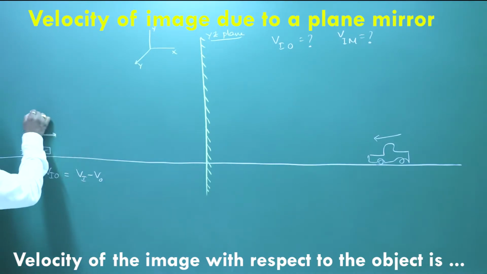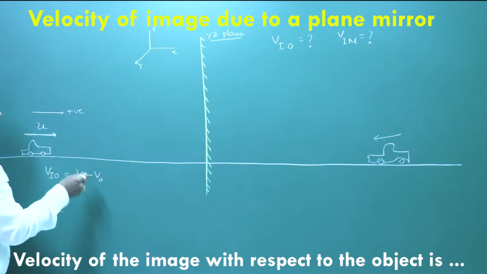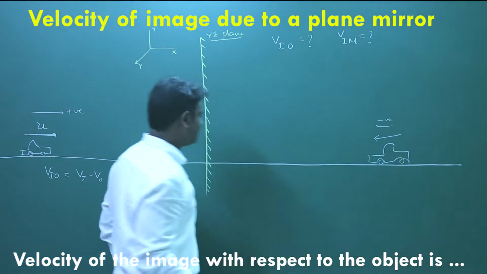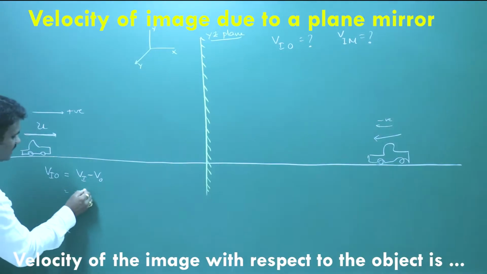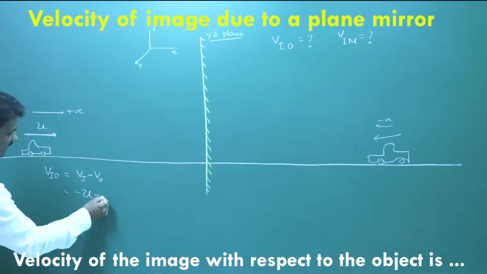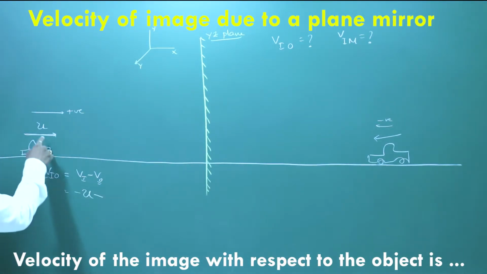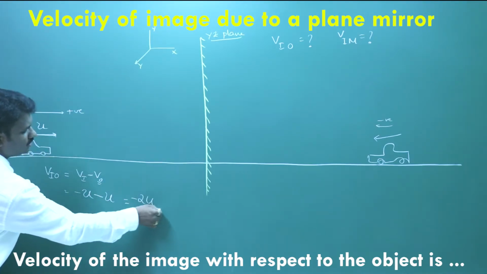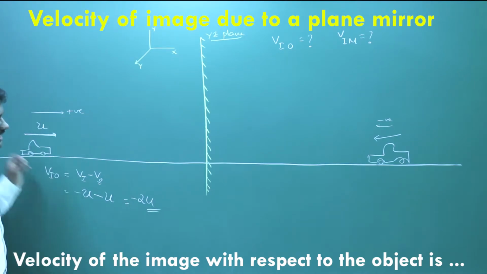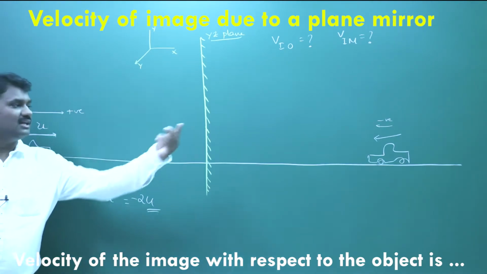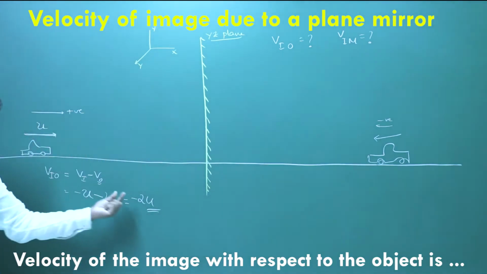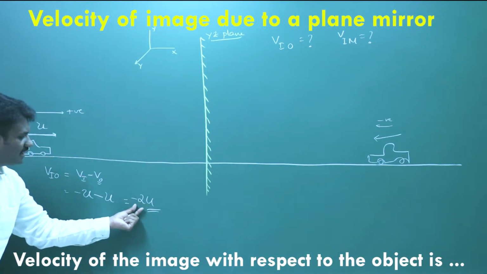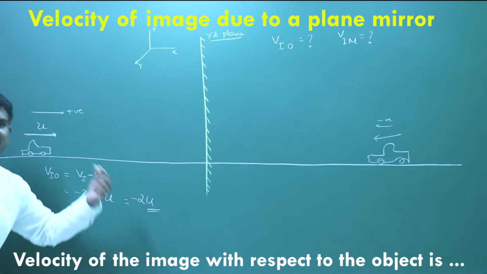See, the object is moving towards the positive x-axis, the image is moving towards the negative x-axis, that's why it is minus u minus the velocity of the observer or object, which is u, which is equal to minus 2u. This minus indicates that the image is moving towards the observer in the negative direction with a magnitude double that of the velocity of the object.